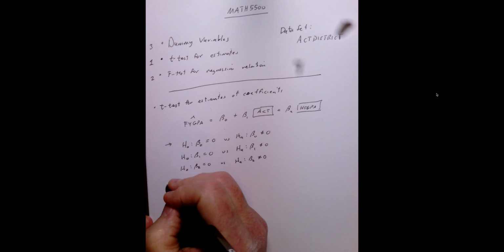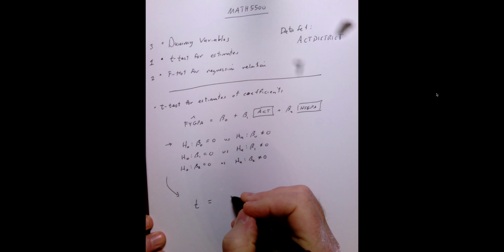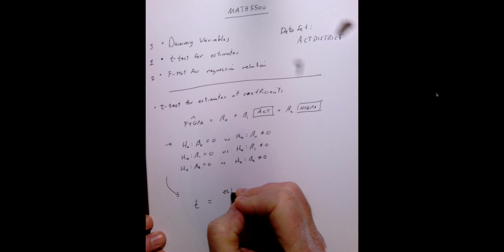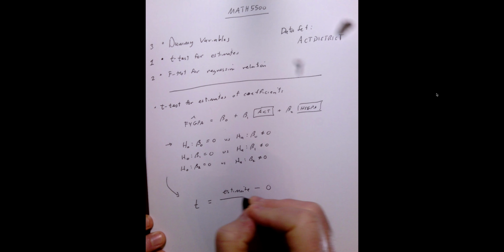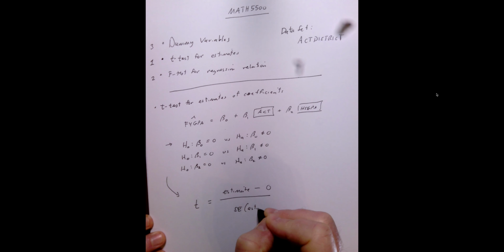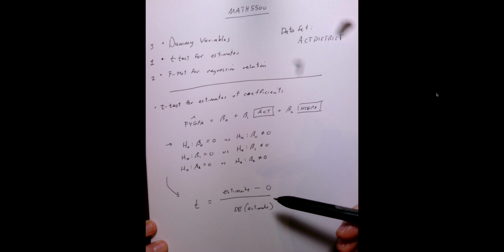All of this is created from its own test statistic, which is the estimate minus the hypothesized value over the standard error for the estimate. I'm not going to run through each of these because it's pretty self-explanatory, at least from the background that we have now.